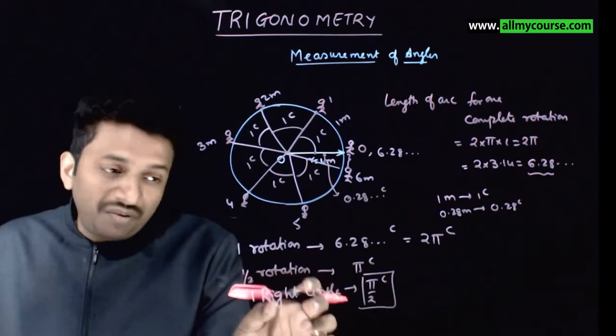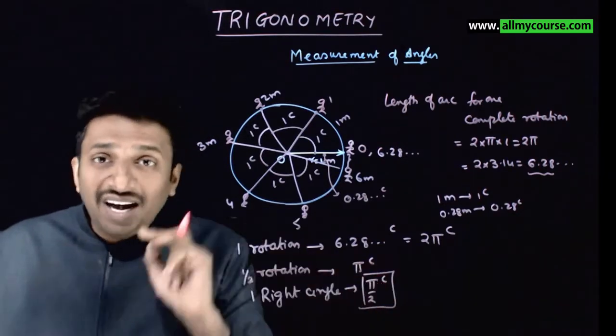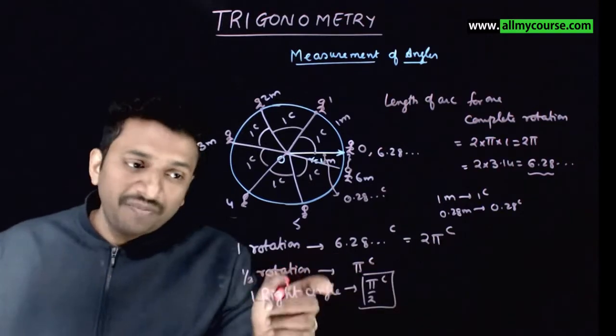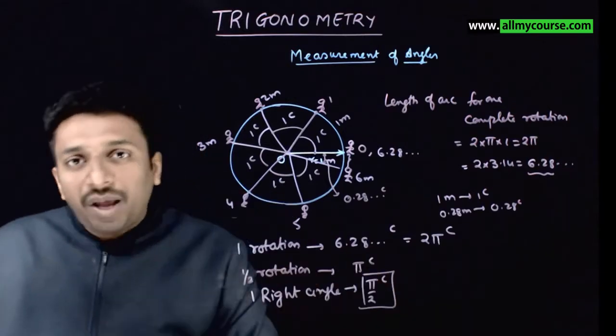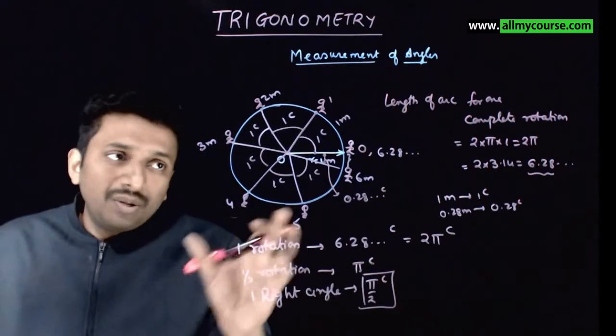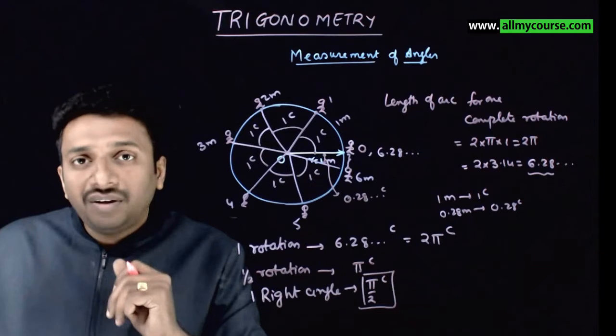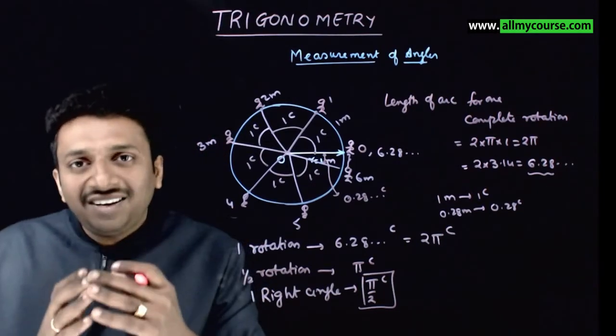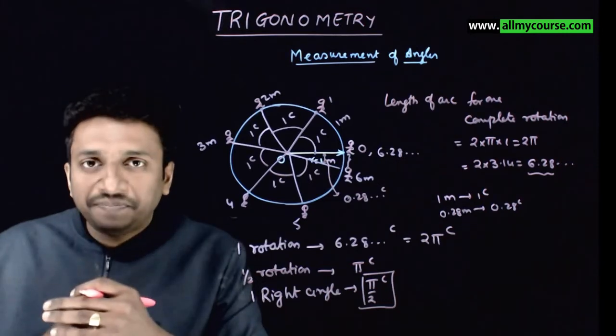The conversion between degrees and radians will not be a nice rational number because pi is an irrational number. So one right angle is equal to pi by 2 radians. So this is the understanding of the radian system. Now let us understand how to interconvert between degrees, grades and radians.